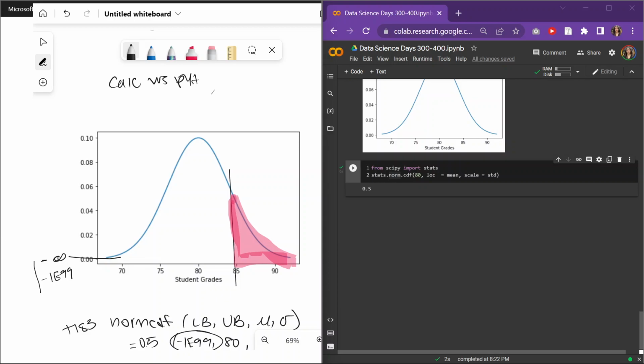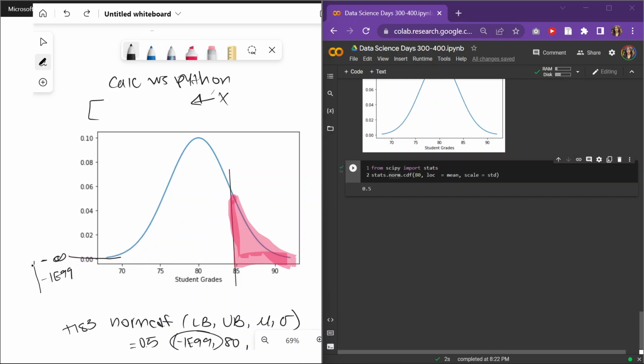The Python CDF function only calculates below a certain point. In your calculator, it gives you the exact probability that you want because you're specifying the interval in which you want the area to be calculated. Because you're saying from negative 1e99 all the way to 80, it's going to calculate the area under that curve.